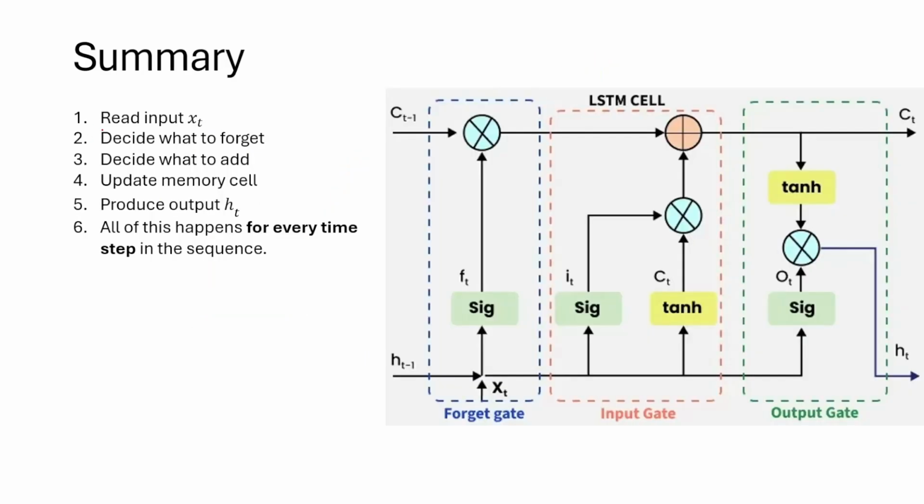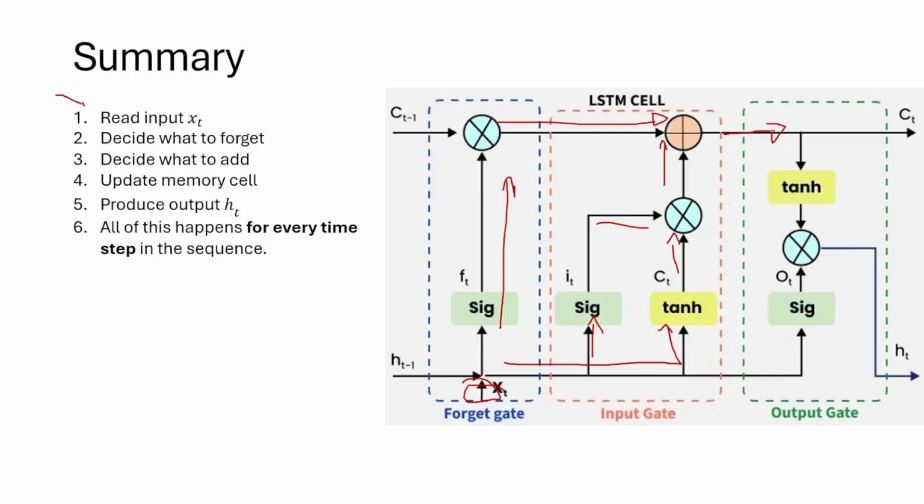So in summary, what the LSTM does, it will read the input from here. We will decide what to forget, and then decide what we will add in this part. Then we multiply them. We will add it to the memory cell, long-term memory.